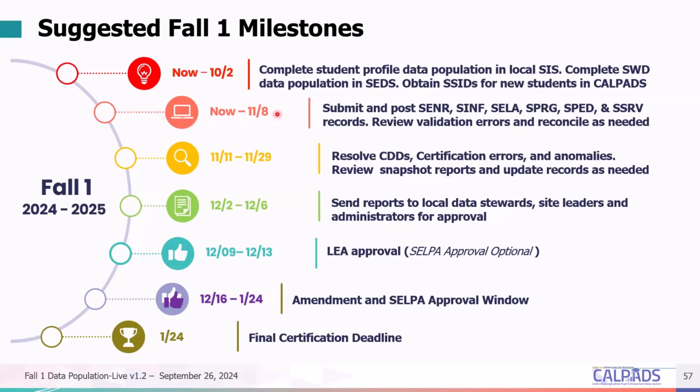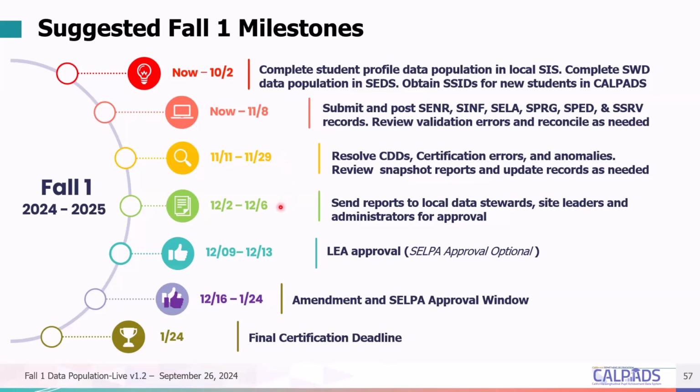We expect that by about November 8th, you should be finished with record submission and student data should be in the CALPADS system. But when data is in the system, it is subject to those CDDs and cert errors. And so from November 11th to November 29th, we're expecting that LEAs should be resolving the CDDs, certification errors, and anomalies.